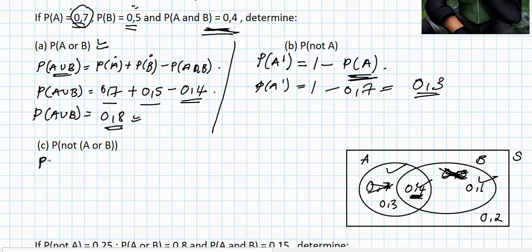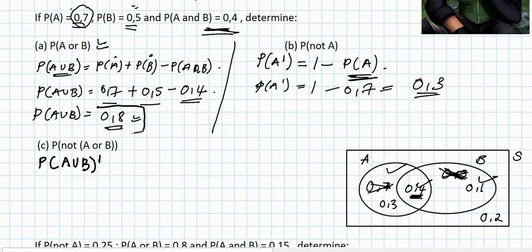So we are looking for the probability of not A or B. So we have A or B, but because the not is outside the bracket, we're going to place the prime outside the brackets. Right. So you already have this one here. Look at that.